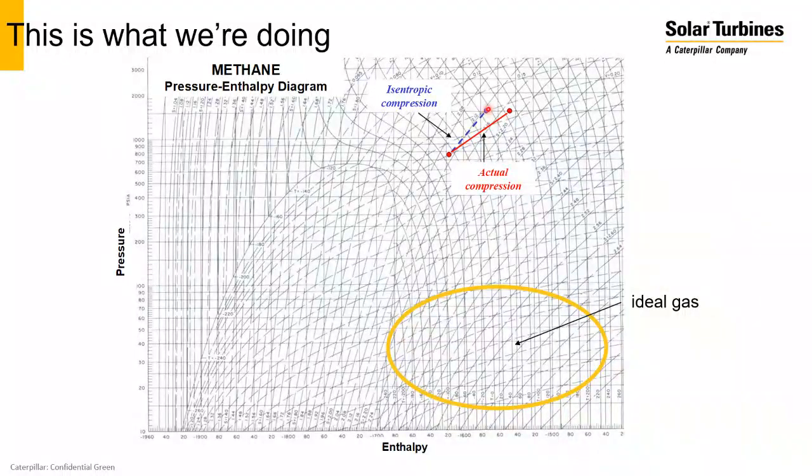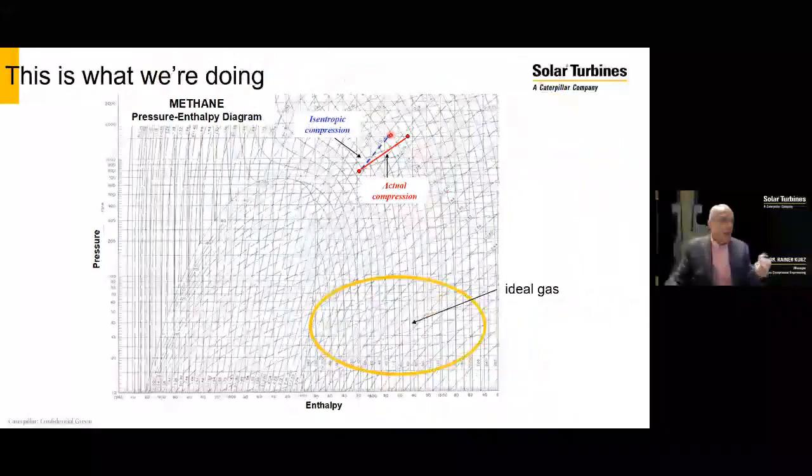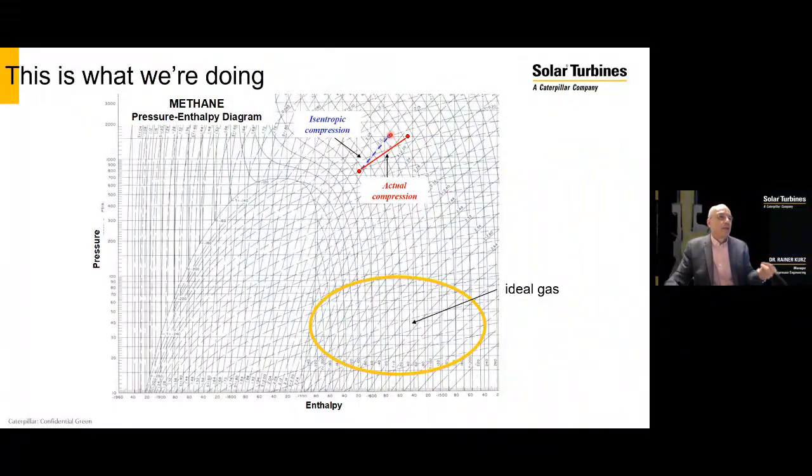But if I assume that I have a perfect compressor that is capable of isentropic compression, meaning compression without any losses, then I simply follow the line of constant entropy, and I get to my end pressure at a certain temperature. The difference between the enthalpy at the starting point and the enthalpy at the end point, that's my isentropic work.